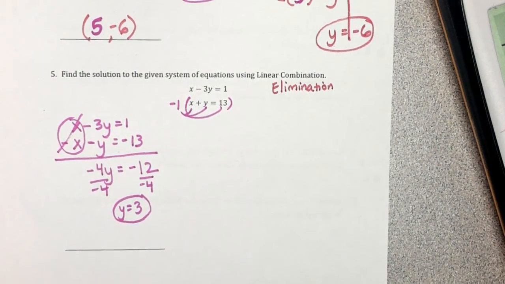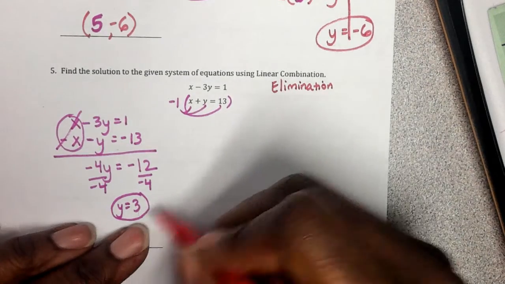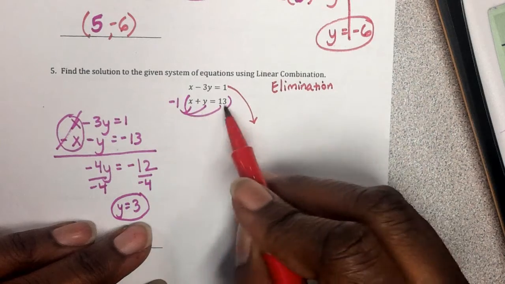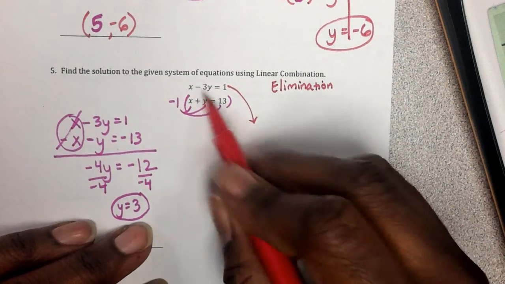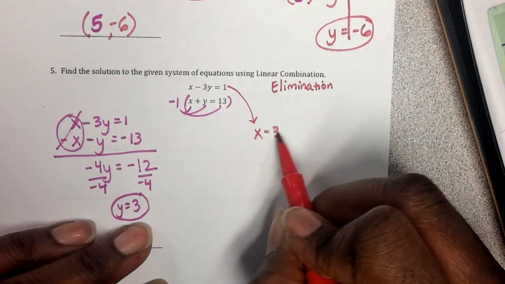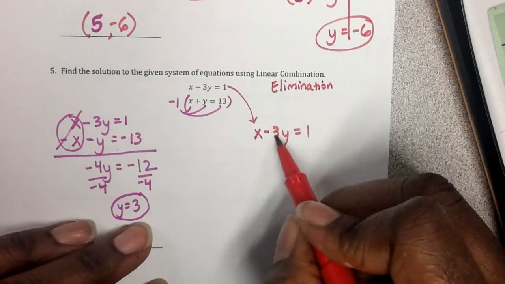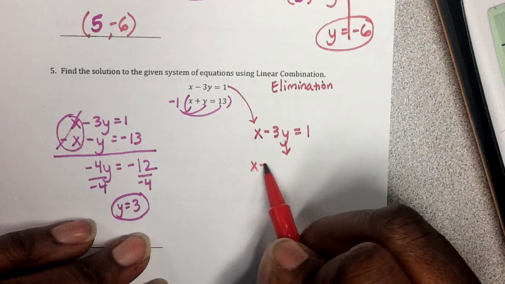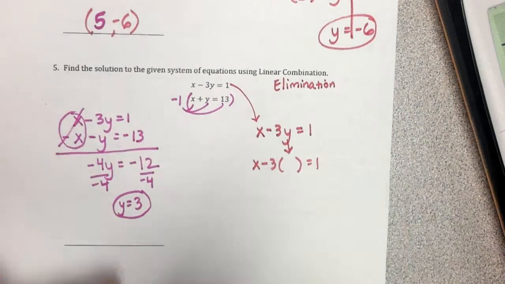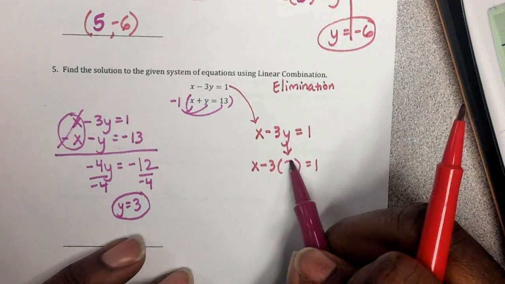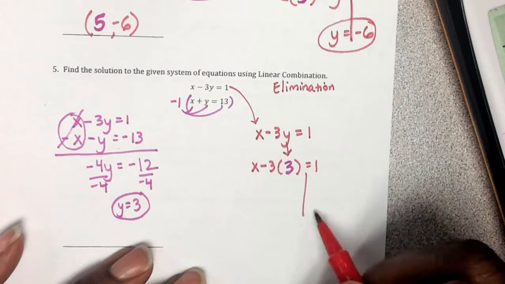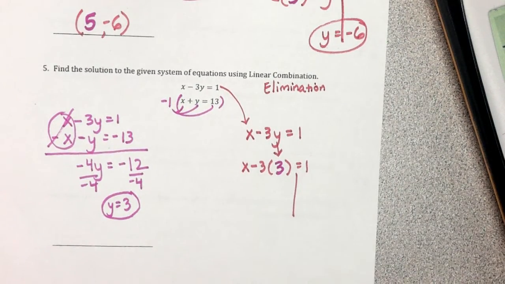So now I'm going to use this positive 3 and plug it in. It probably will be easier to plug it into this one actually, but I'll just use this one since I already did it. I'm going to be plugging in y equals 3 right here. And then once again from there, you can use your calculator or you can solve it out.